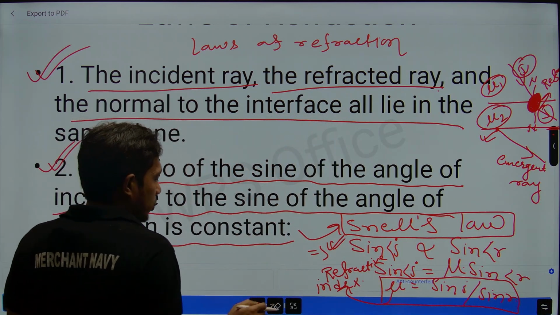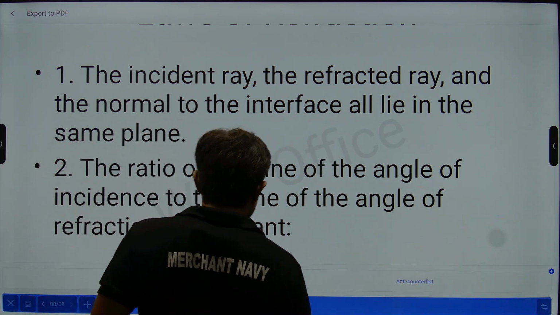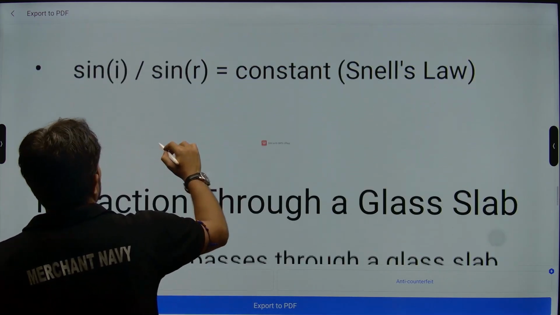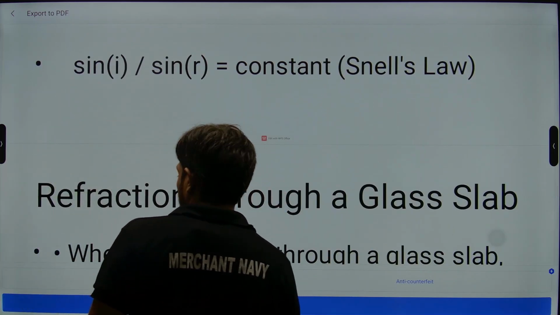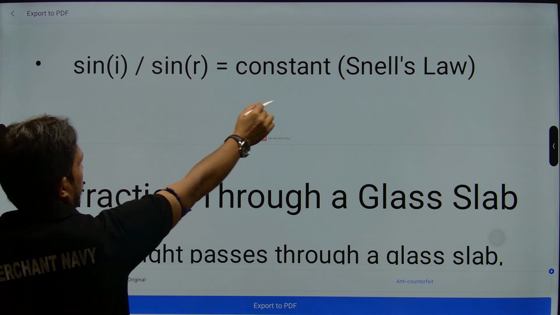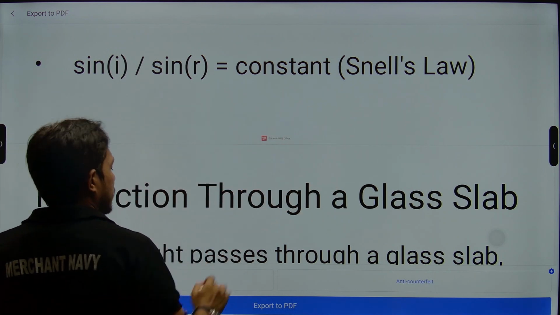Next, sin i upon sin r is equal to a constant, and that is Snell's law.